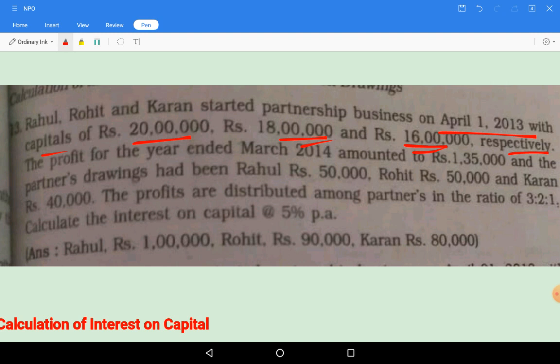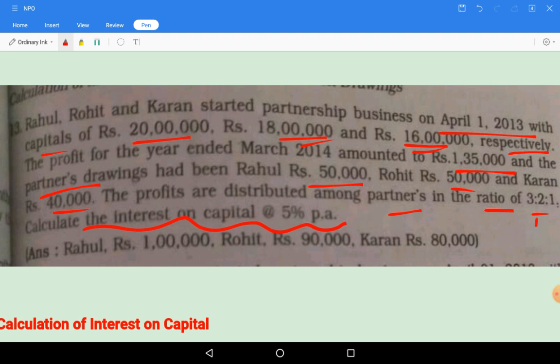The profit for the year ended 31st March amounted to 1,35,000 and partners' drawings were 50,000, 50,000 and 40,000. The profits are distributed among the partners in the ratio of 3:2:1. Calculate interest on capital at 10% per annum.